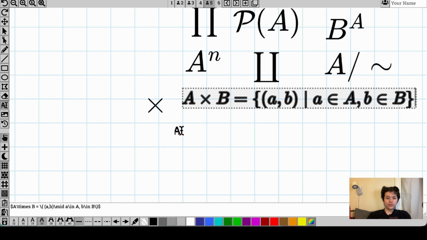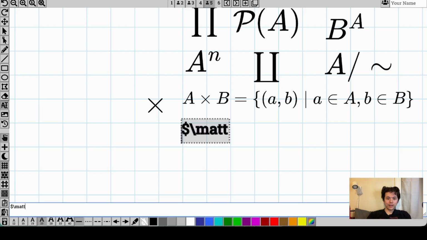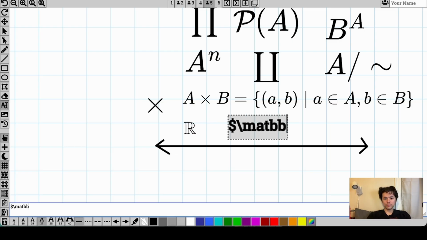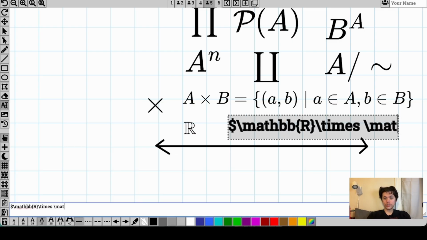But another way is you could start with something like the real numbers, math BBR. Why is this mad at me? The real numbers, which you represent by some number line like this. And maybe you want more dimensions, and so you take the product of the real numbers with itself, the Cartesian product.